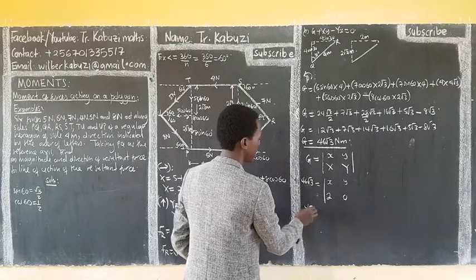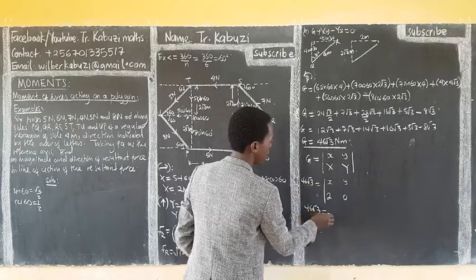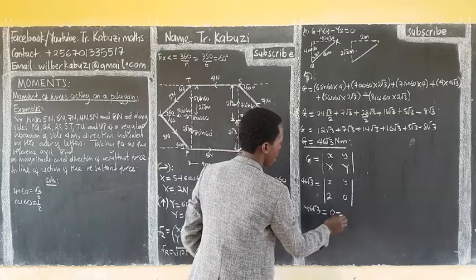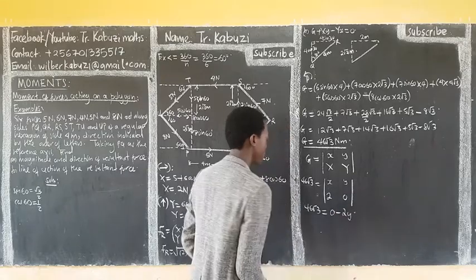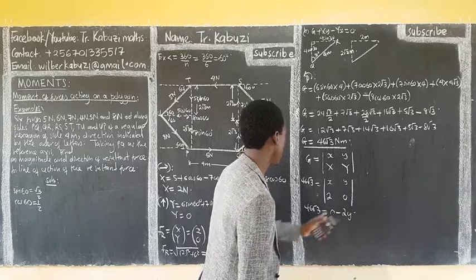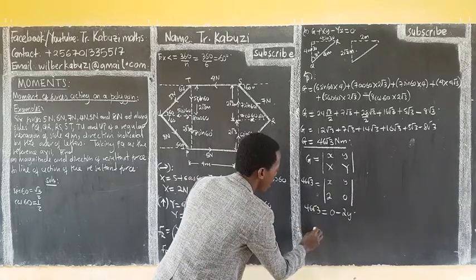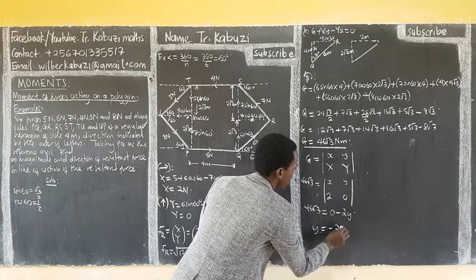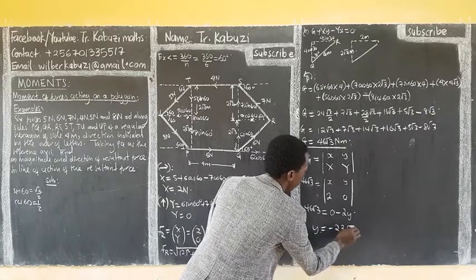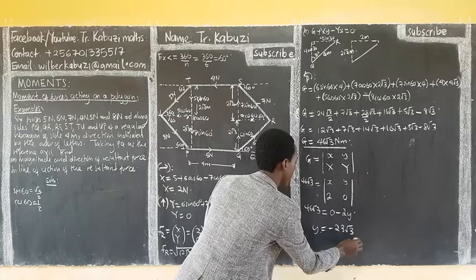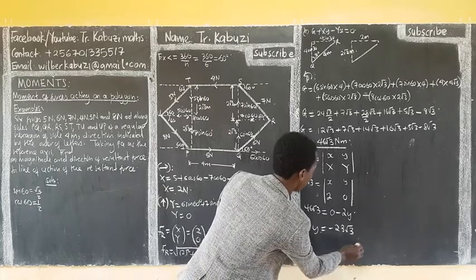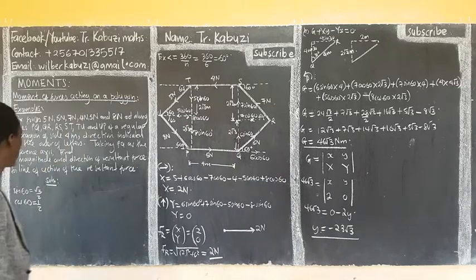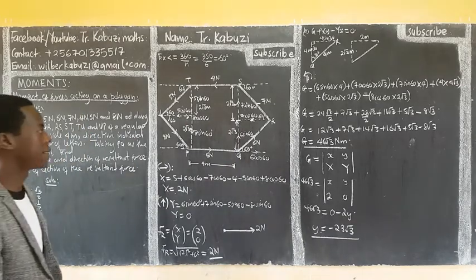So here 46 root 3 is going to be, this time this is 0 minus 2Y. So when I take this side, when I divide through by my Y, it's going to be negative 23 root 3. As simple as that. So that's the line of action of our resultant force.